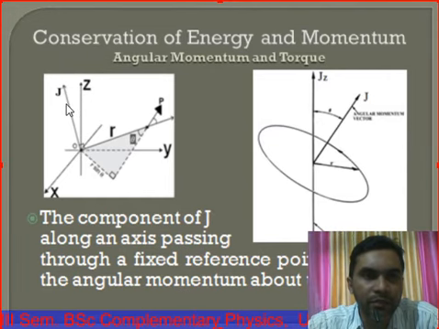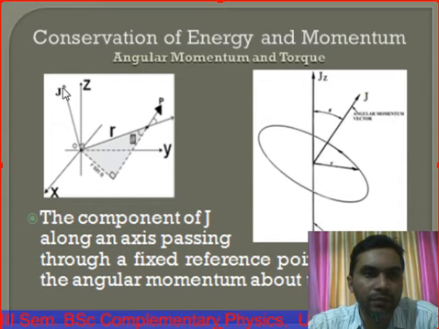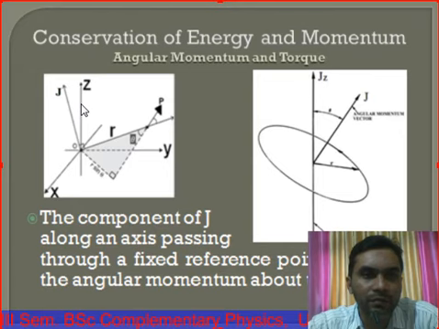If we take the component of this angular momentum along the z direction, we can say that it is the angular momentum of that particle with respect to that reference axis. That is called the z component of the angular momentum. If j has a component along the z direction, it is called the z component of angular momentum.